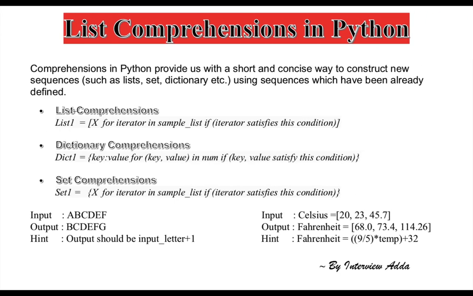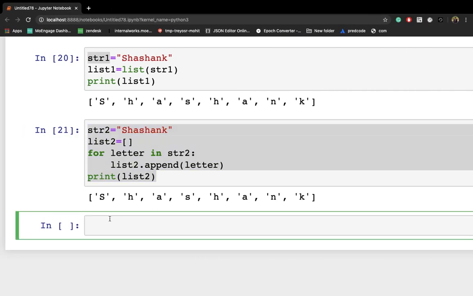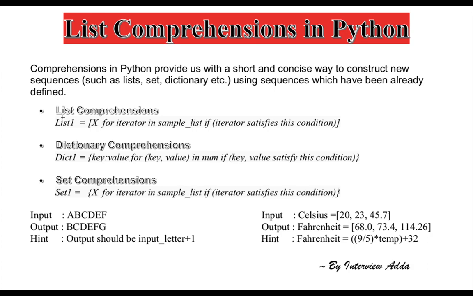The third way is a very important way which I wanted you guys to understand. The third way is list comprehension, right? So how can we achieve the same thing? We can achieve the same goal using list comprehension as well.